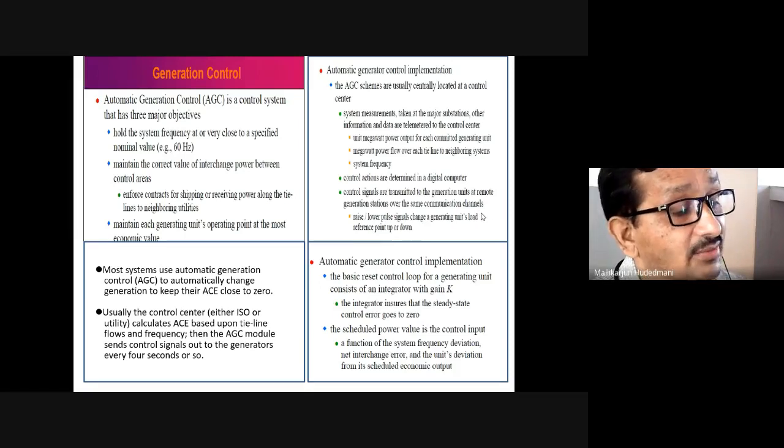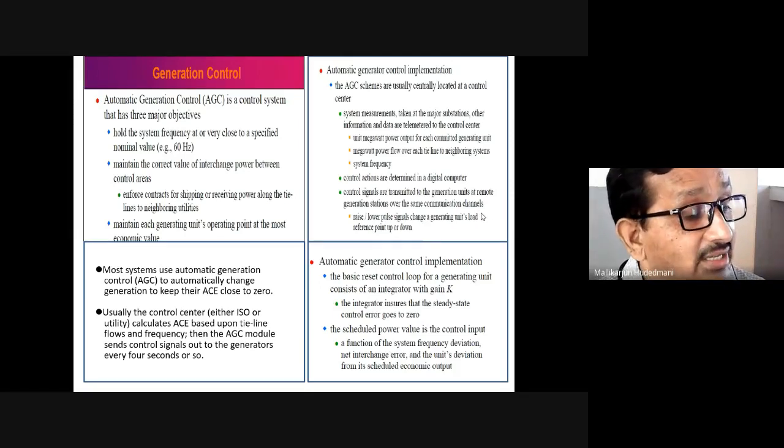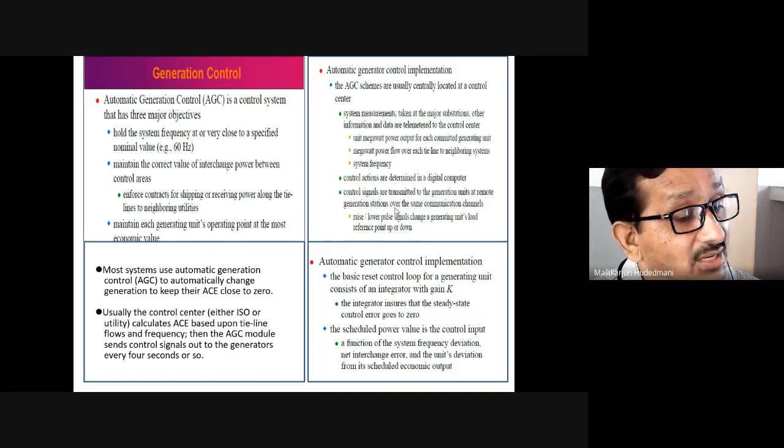Like you can say, if I am using PLCC, power line carrier communication, the same transmission lines I can use to communicate, or I can use satellite communication, microwave communication, or PSTN, public switched telephone network transmission line, or radio frequency transmission if the generators are very close to me.